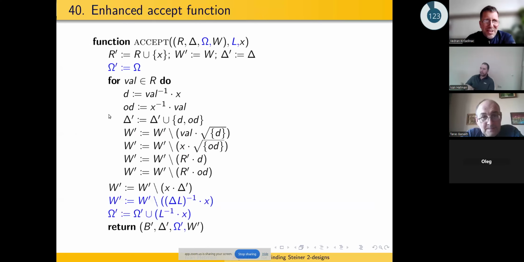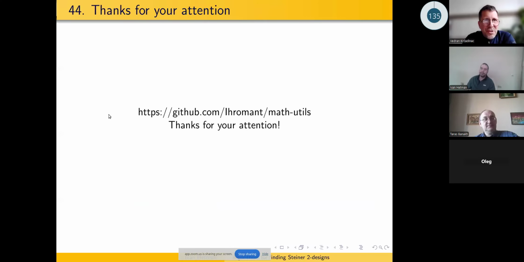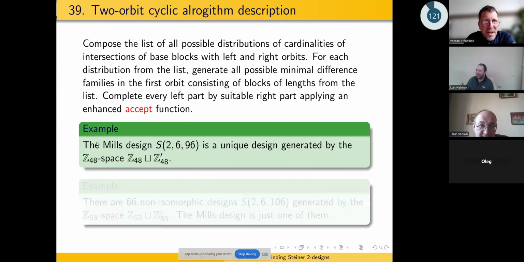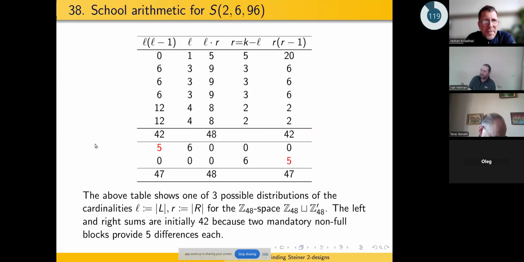Okay, could you please just return to the school arithmetic, since you were just discussing it? It might be that this school arithmetic is actually somehow related to Dembowski's equations that I mentioned in my talk.